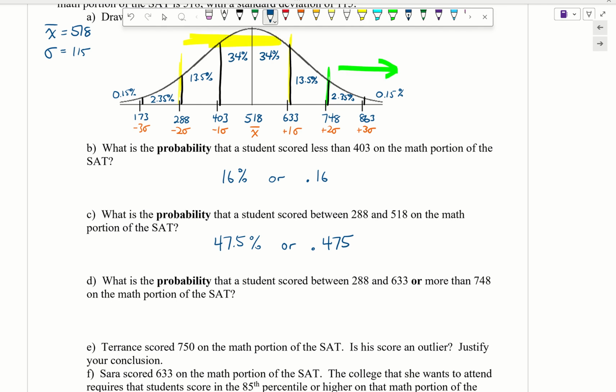So we add the 34 plus 13.5, plus the 34 on the other side, so there's 81.5% here. And then more than 748, that's going to be 2.5% here. We need to add those two together, which gives us 84%, which is 0.84.